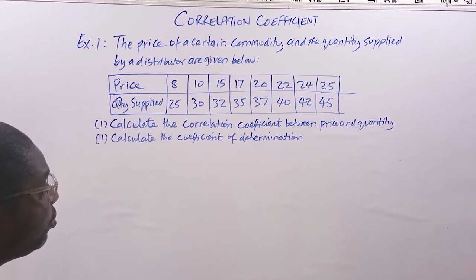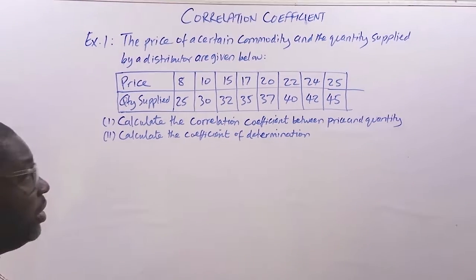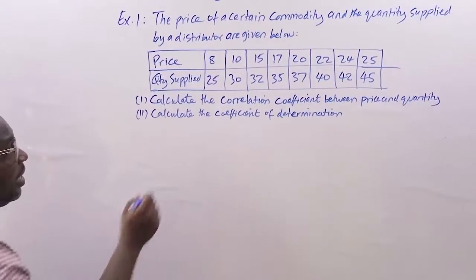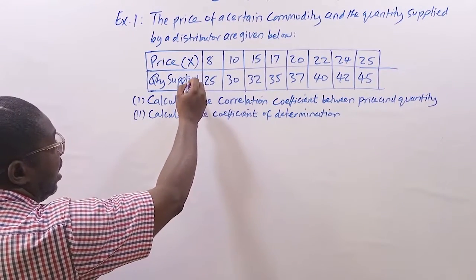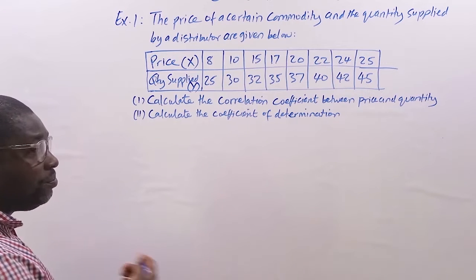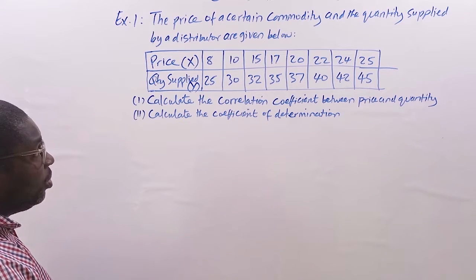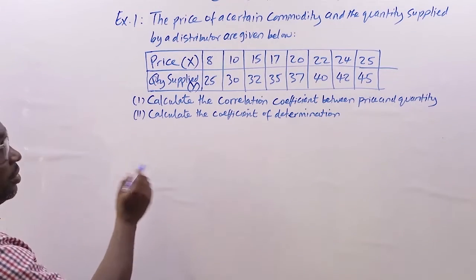Now, what we do first of all is that we need to find three basic relationships between X and Y. In this case, we will note price as X and the quantity supplied as Y, being the other variable. So here, let's draw our table.